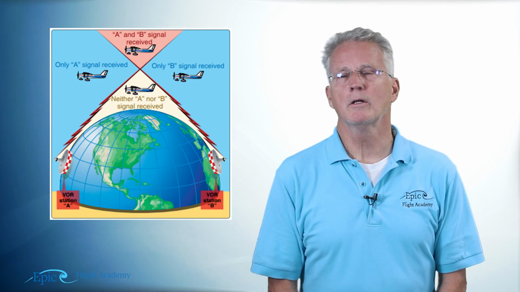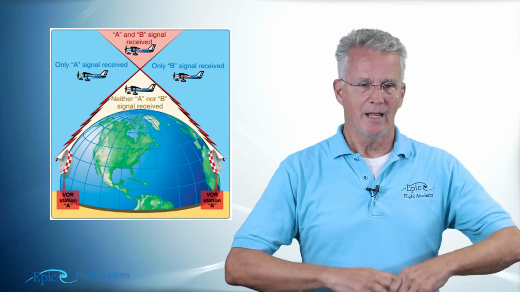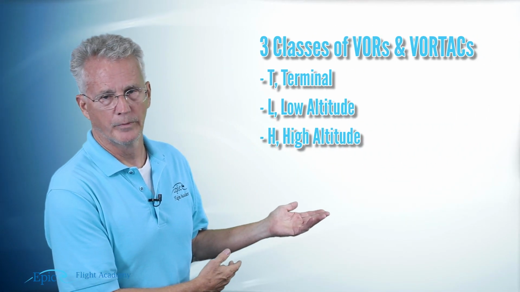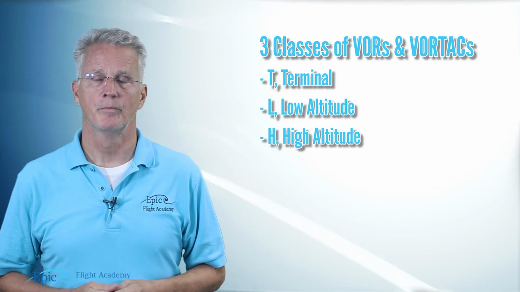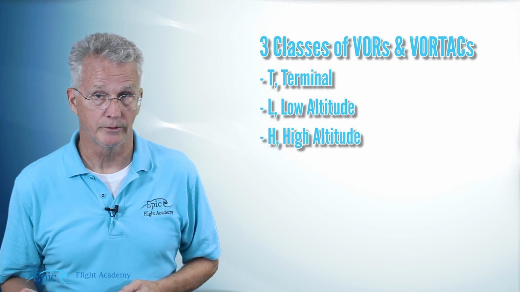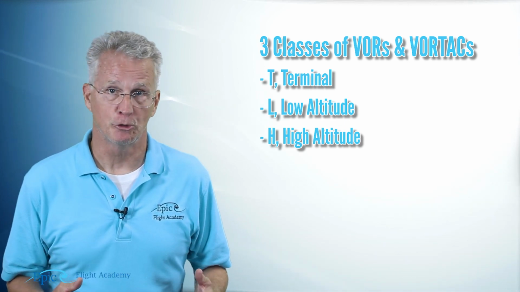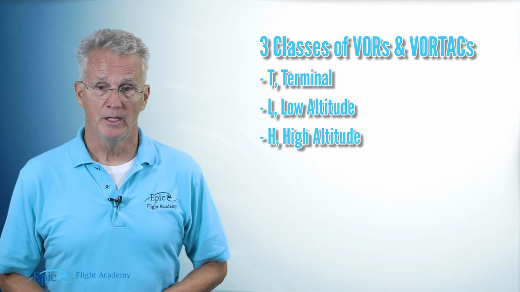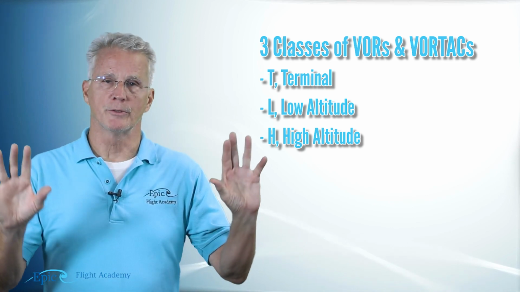Now, when we look at VORs in the United States, we see that they are classified into 3 classifications, and we're showing that here. They're classified either as terminal, that's a T, low altitude, L, or high altitude, H. Now, the reason for those different classifications is that they have different wattage outputs.